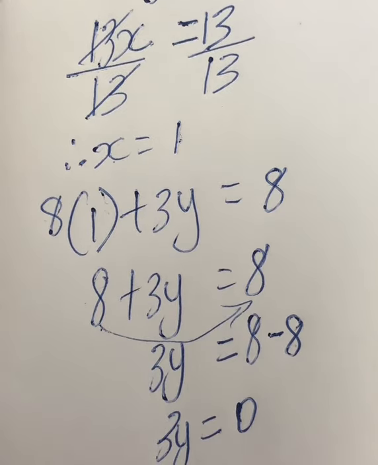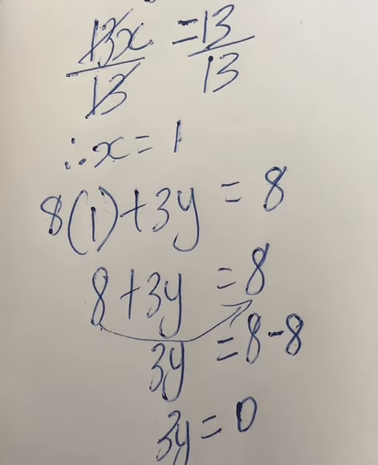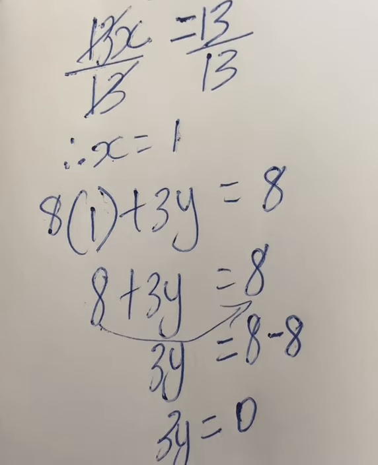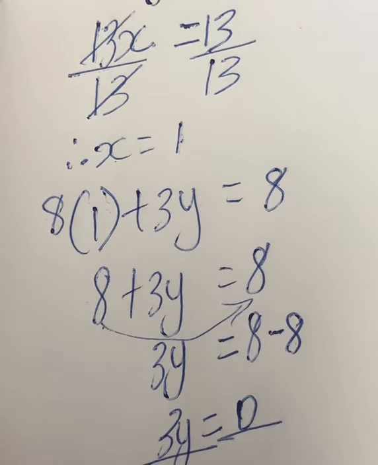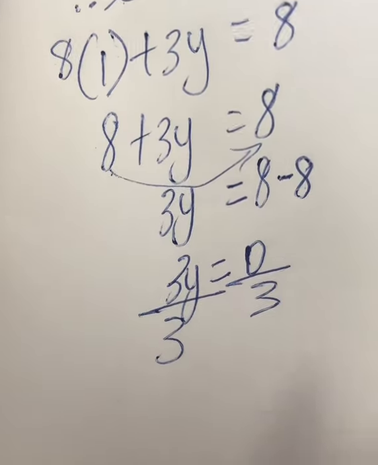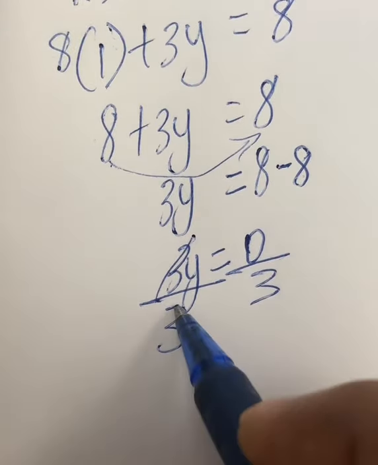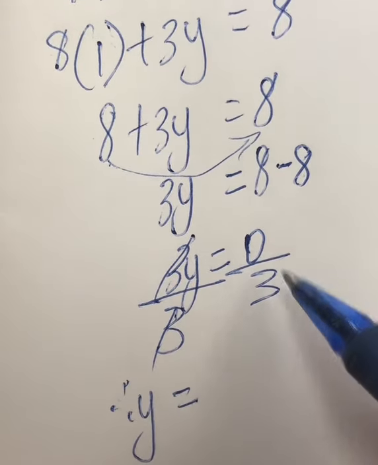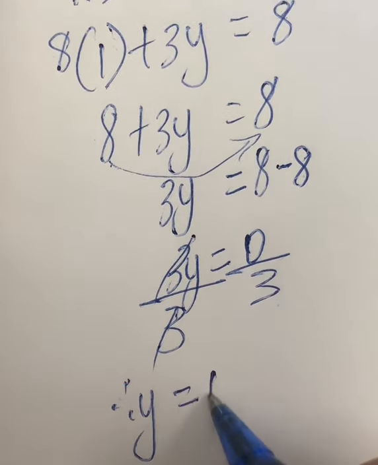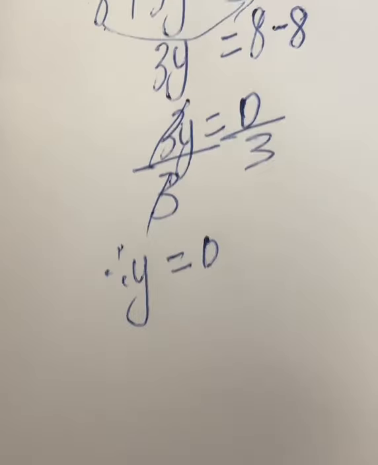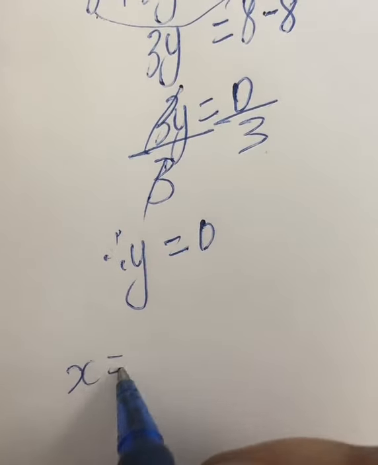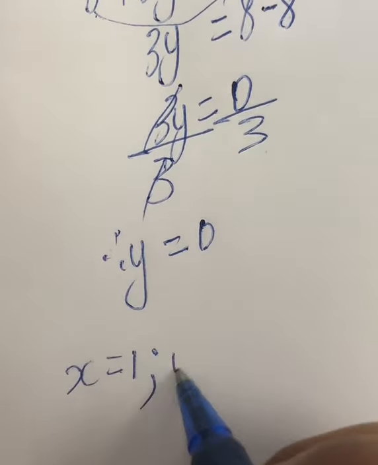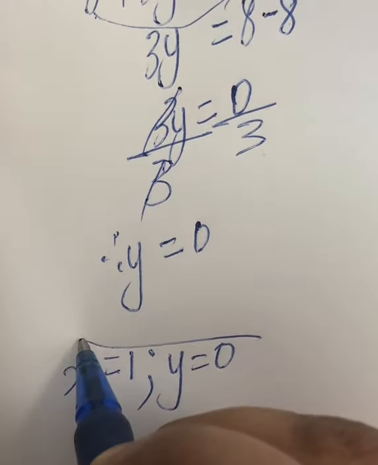Then we divide both sides by 3. 3 into itself is 1. Therefore, y is equal to 0 divided by 3 is 0. So in the end, we will say x is equal to 1, y is equal to 0.